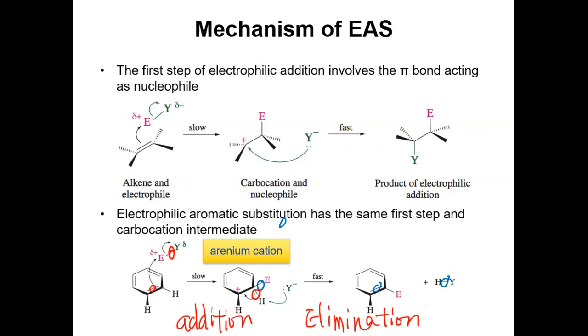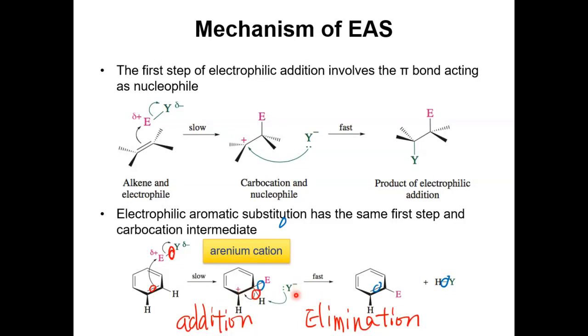Why do we say elimination? Because in the second step, Y minus acts as a base, taking a beta proton from this carbocation. This intermediate is a carbocation with a positive charge, and this carbon is positively charged, so we call it the alpha carbon.